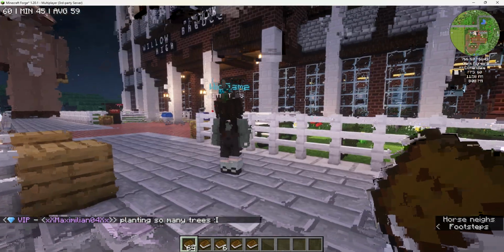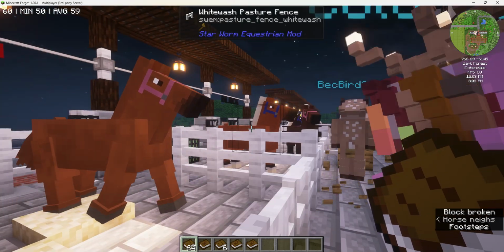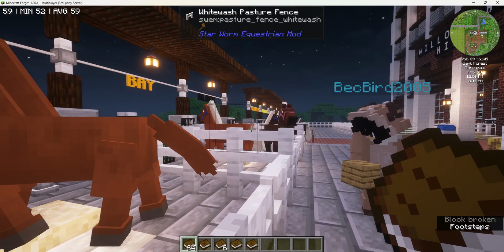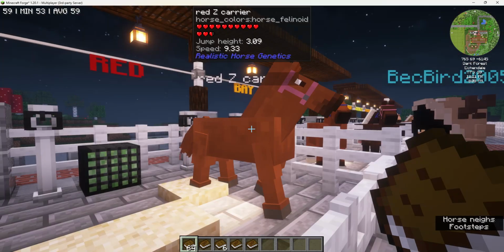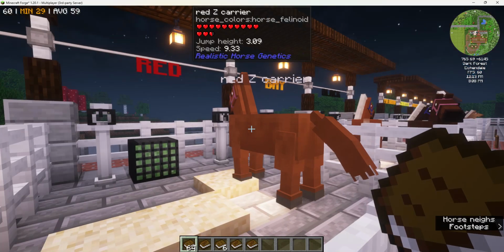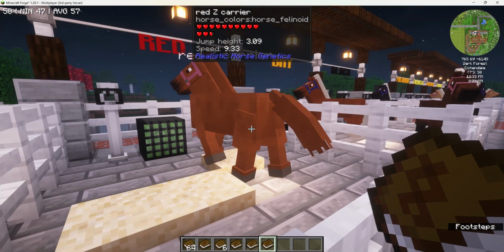Now, as I described in class, silver does not dilute or affect the red coat at all. So that's why this red silver horse doesn't look any different from a normal red. So we'll have a red base, which is the homozygous recessive extension, and then you have at least one silver dapple gene.